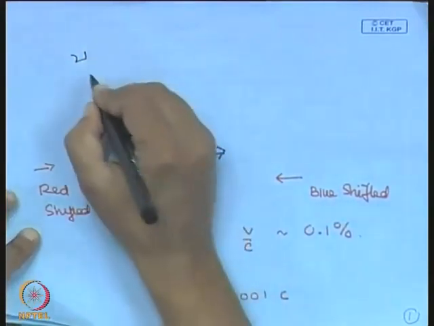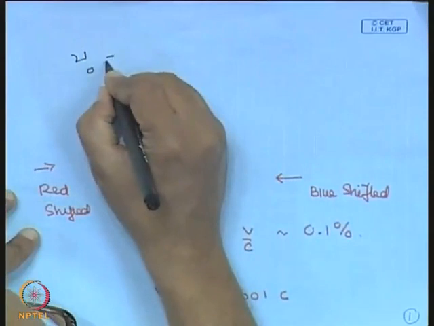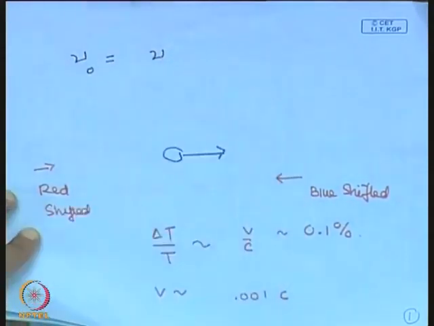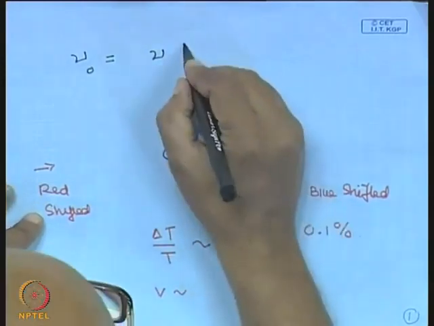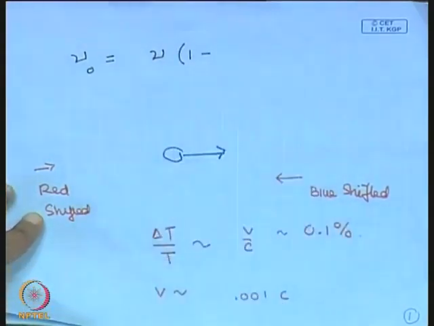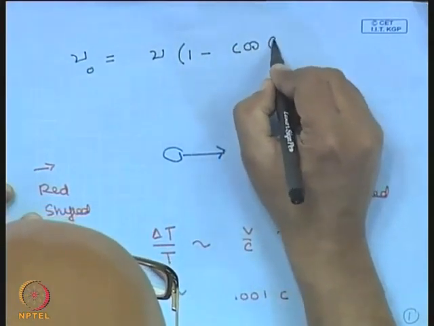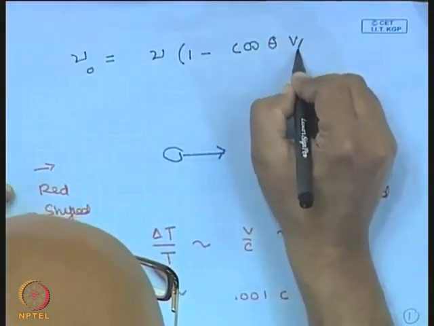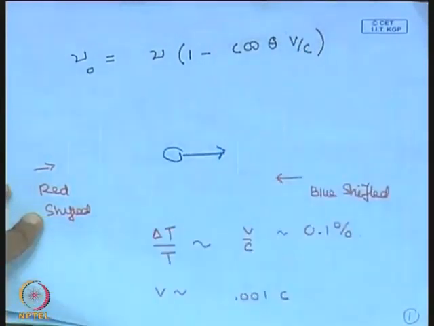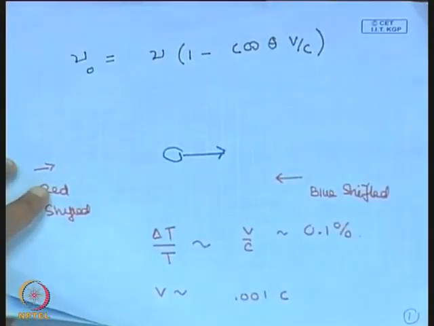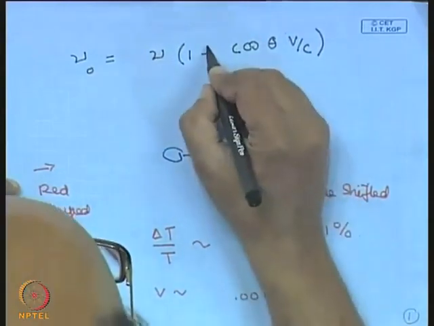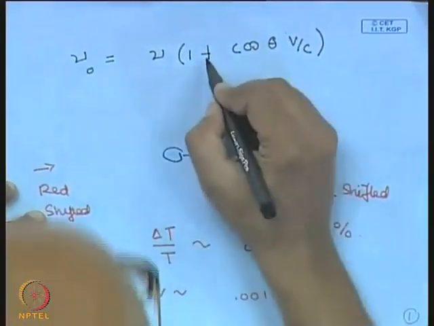So the observed frequency will be the frequency in the frame where the CMBR is isotropic, multiplied by a factor 1 plus cos theta into V by C.